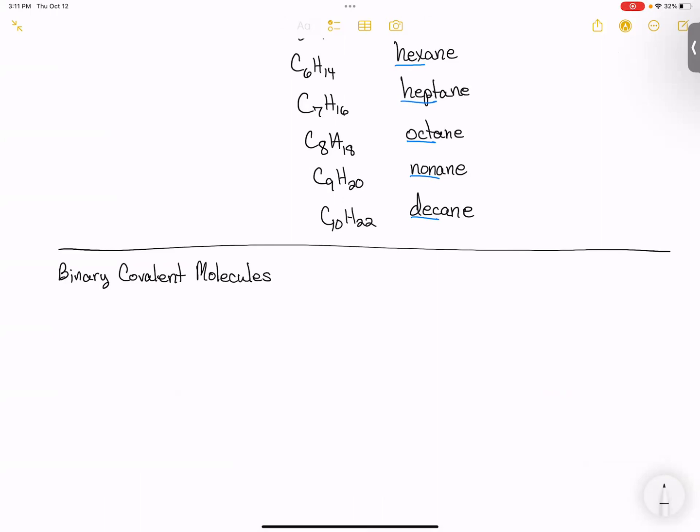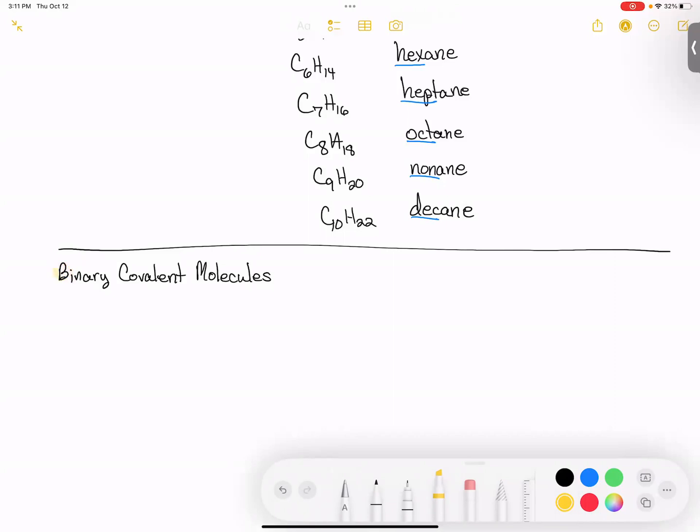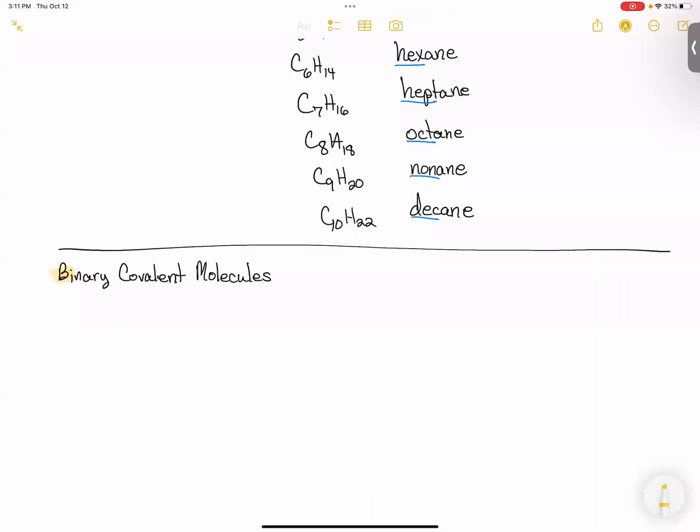We move on to binary covalent molecules. I should say the 3rd type this afternoon, the 4th type overall. Okay, so your binary covalent molecules. The first piece is found in the prefix binary, bi.